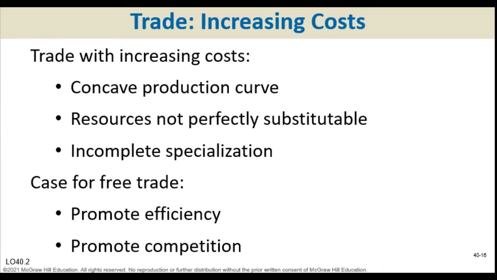And at some point, the underlying basis for further specialization and trade disappears. So both countries end up producing some of both products. This is why you see that countries export and import the same product that they produce.